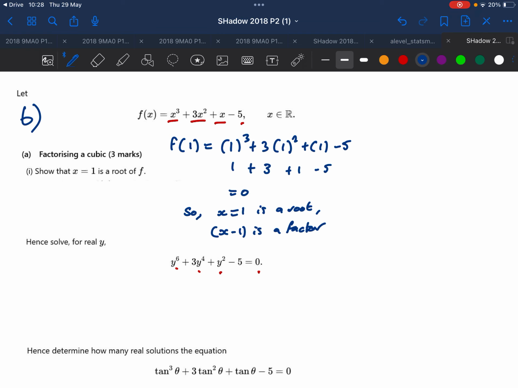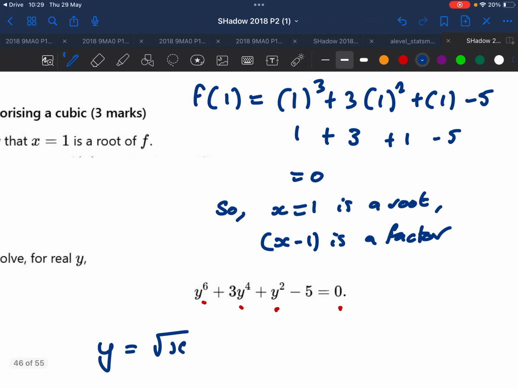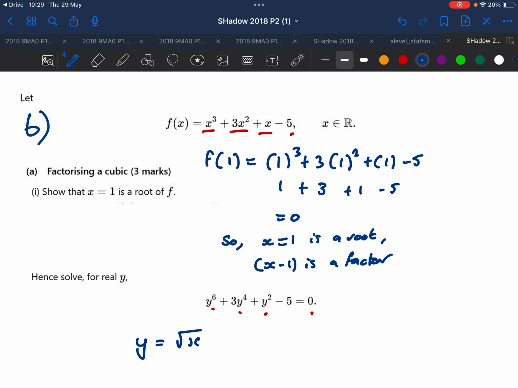So the y bit is equivalent to what? It's equivalent to root x, isn't it? Because if I substituted that in, wouldn't that give me the same? So y to the 6 would give me x cubed. It's the same sort of thing.